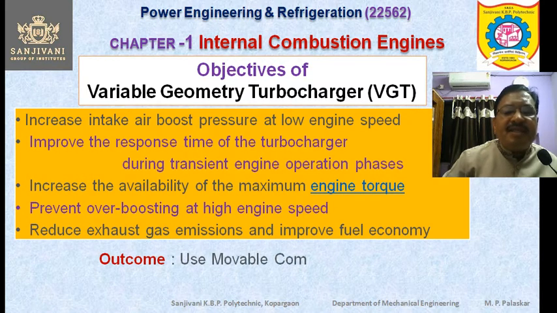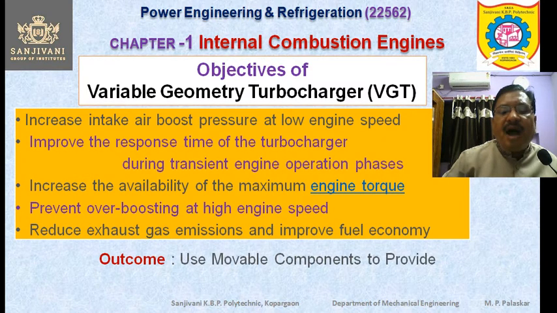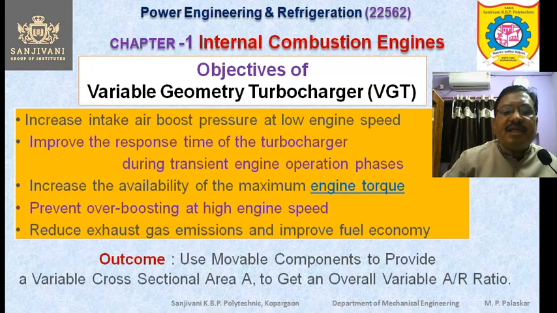And the question is how we can obtain this. In order to obtain this, we have to use movable components to provide a variable cross sectional area A to get an overall variable AR ratio. So we have to use a variable geometry turbocharger for the above objectives.